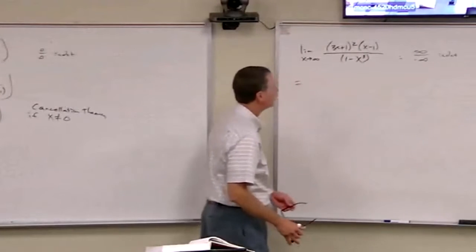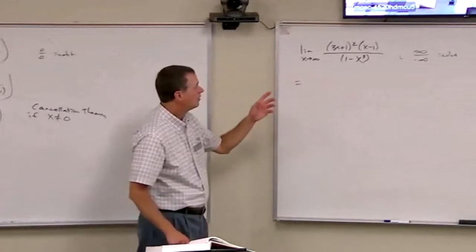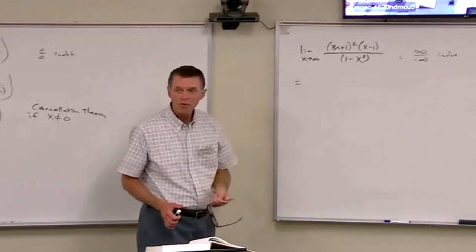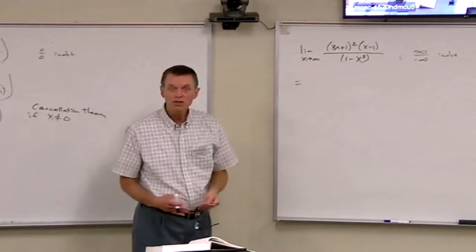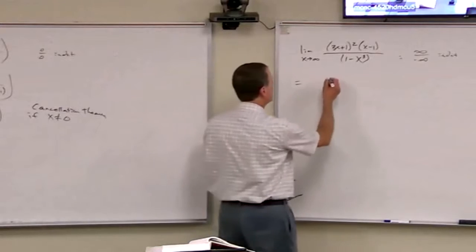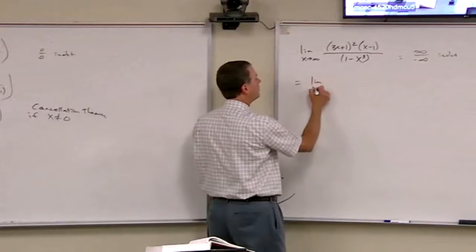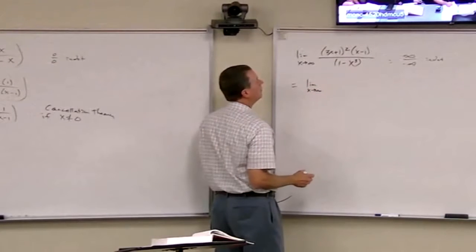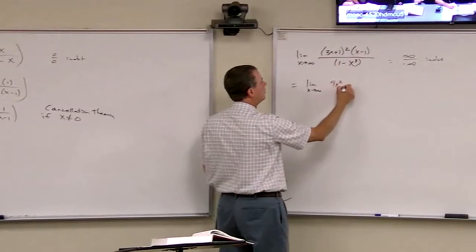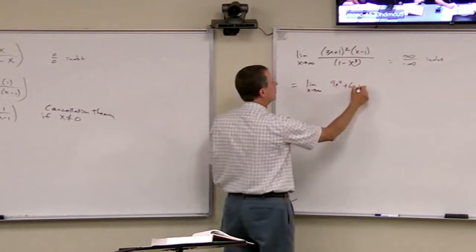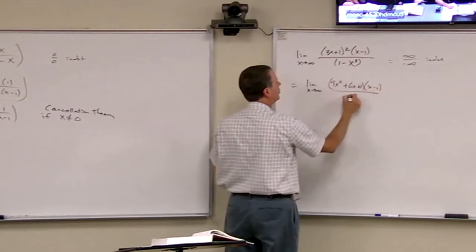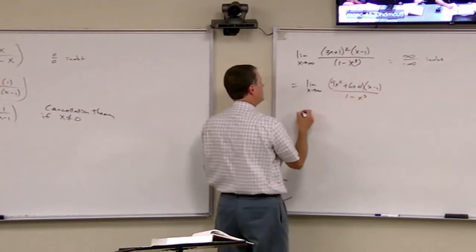Well, another simple trick is, like we did yesterday, let's factor out the highest power. So in order to do that, let's distribute it and get it out into highest power. So what does this come out to be if you distribute it out? 9x squared, 1 times x minus 1 over 1 minus x cubed.